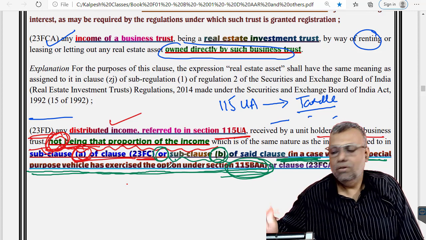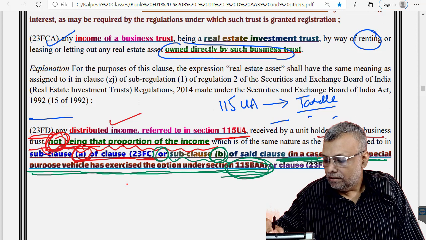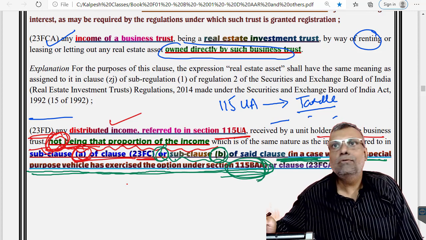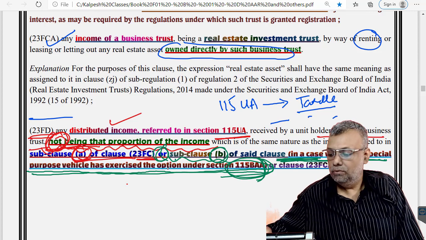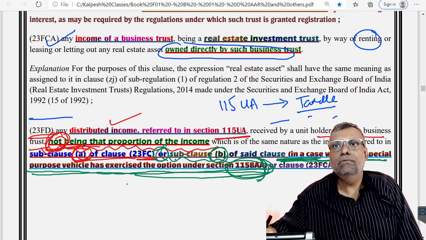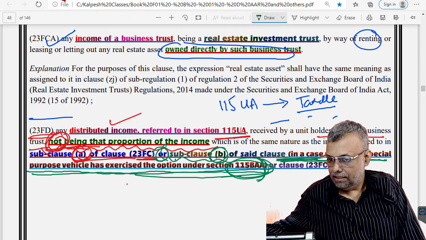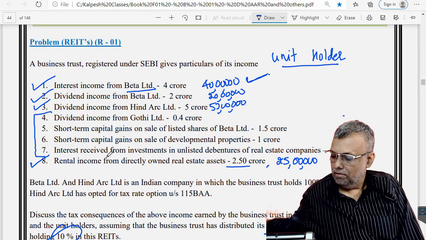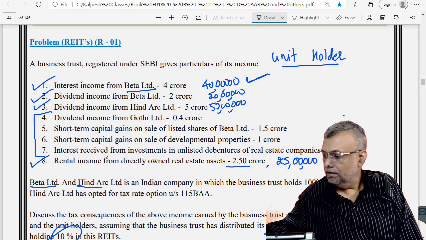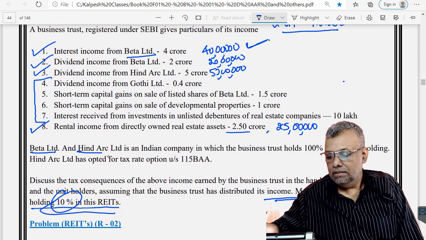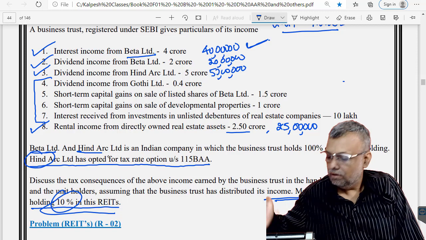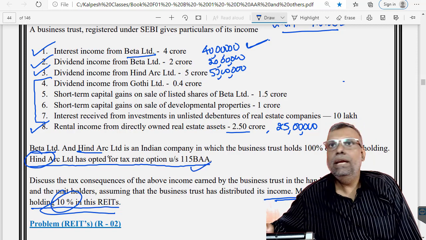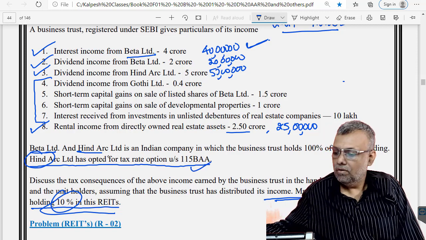This is the only one point from the unit holder point of view, if it has exercised the option under 115 BAA provisions. So see here, now Beta and Hind, both of them are special purpose vehicles, but Hind Arc has opted for 115 BAA.